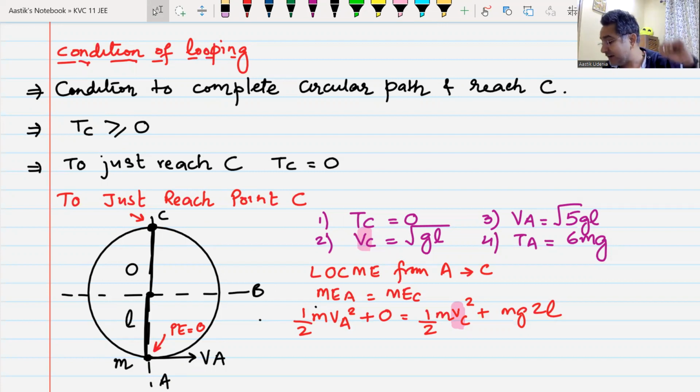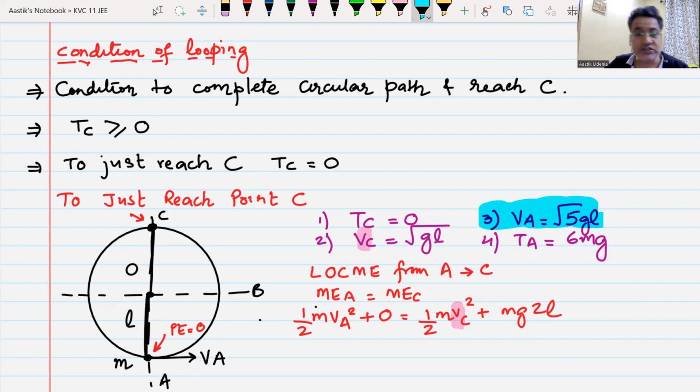So this is the condition to complete the loop. And what is the condition to complete the loop? You can say it in any of these ways, but the best way to say this: the condition to complete the loop is that the velocity at the lowest point should be root 5 GL.